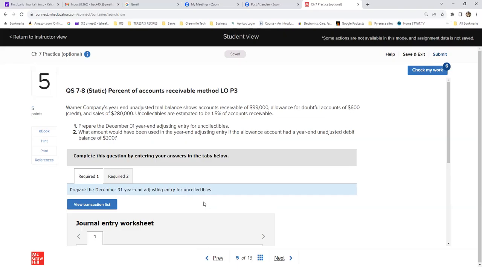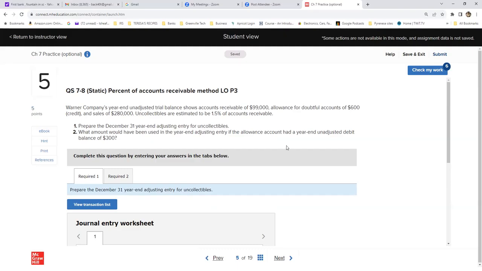I'm going to multiply the 99,000 times 0.015. And so that comes to $1,485.